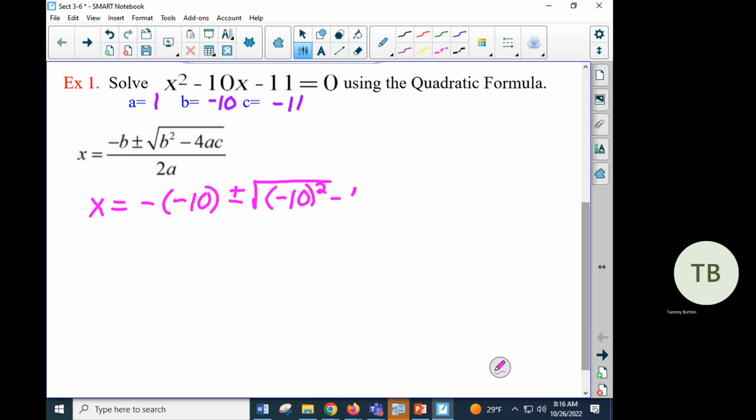And then it's going to be minus 4 times a, which is 1, times c, which is negative 11. And then it's going to be all over 2 times a, which is 2 times 1.